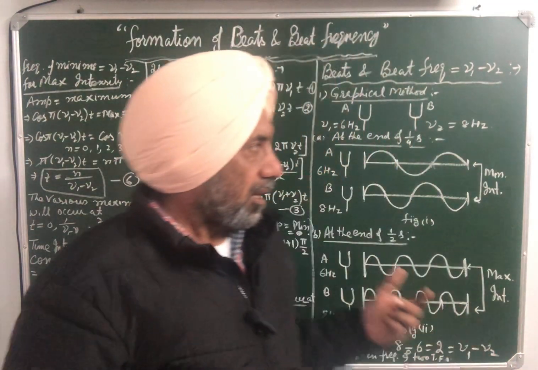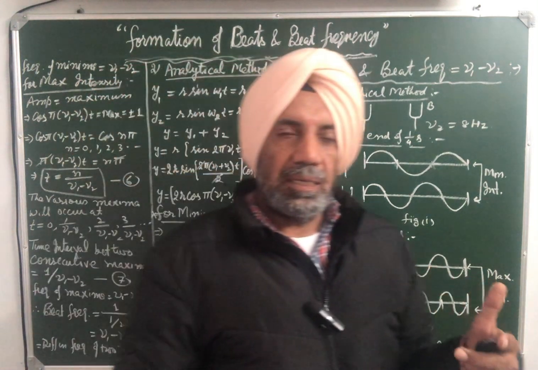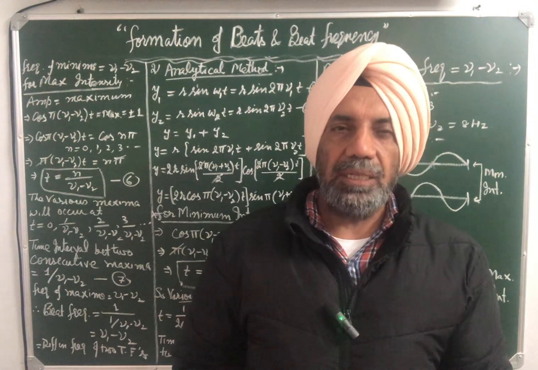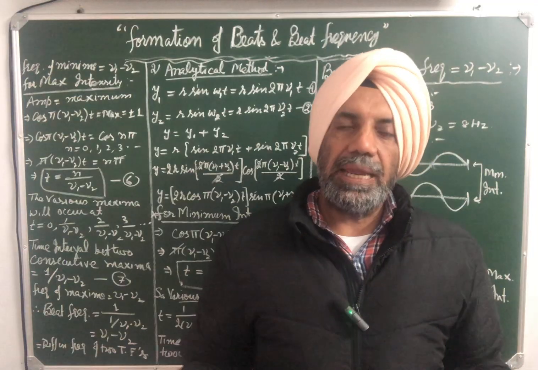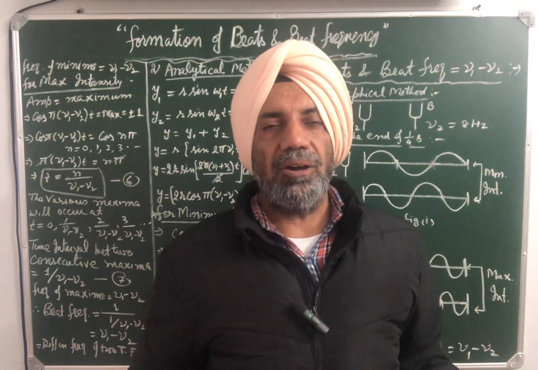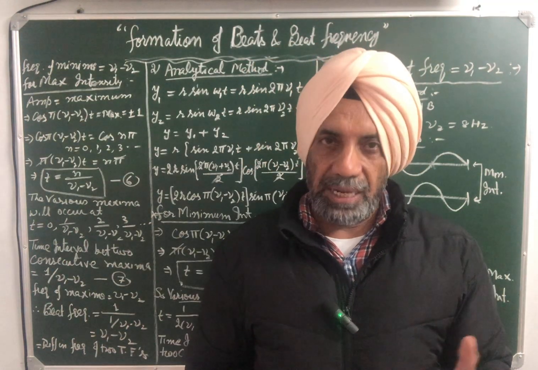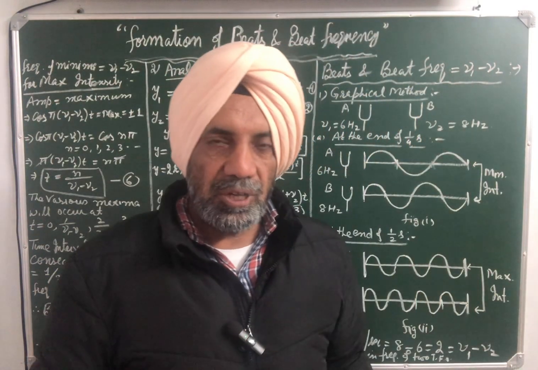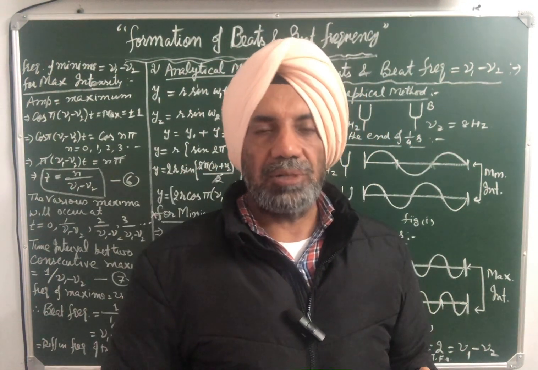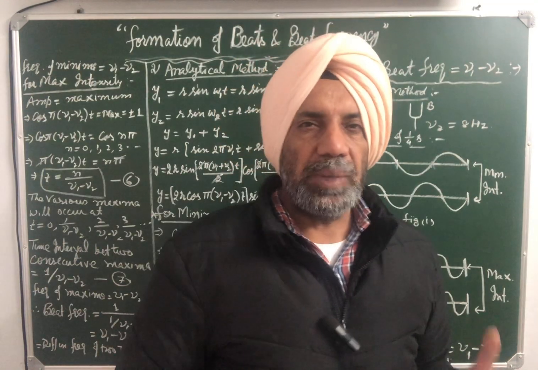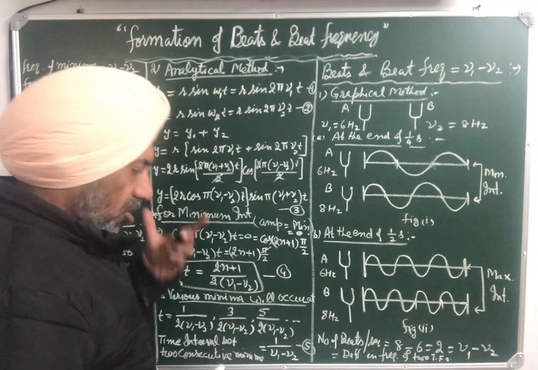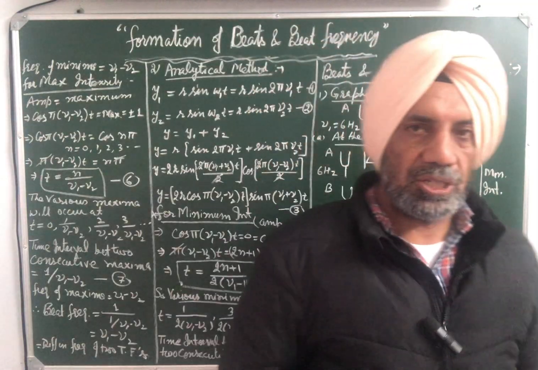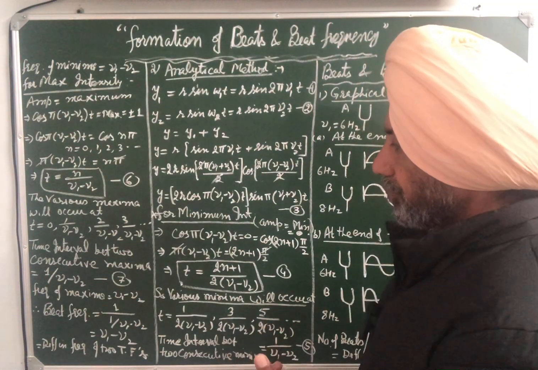That's why when the difference is 1, 2 or 3, 4, we can recognize the rise and fall of sound, and clearly observe the formation of beats. So beats produced per second is always equal to the difference in frequencies of the two sources.